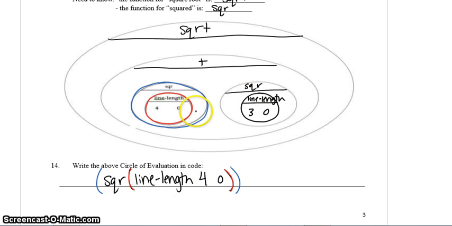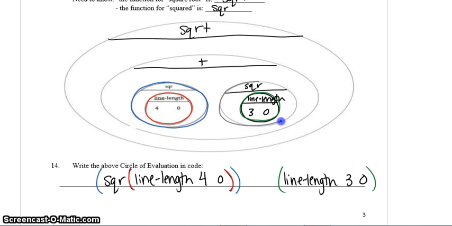So that same code has to happen for these other inner circles. So my inner circle here, line length 30, needs to get written out. So line length 30, and then of course that needs to get squared.